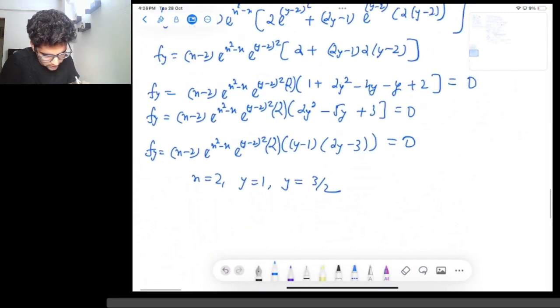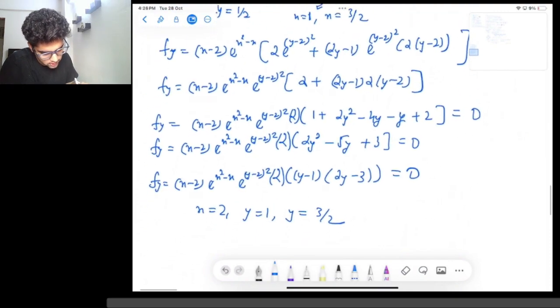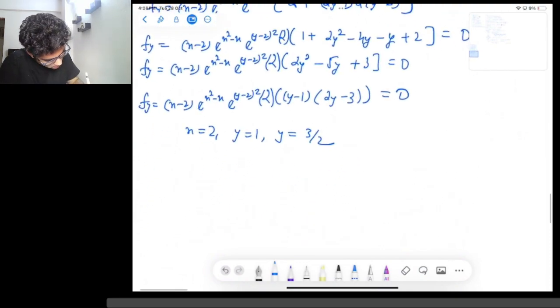Now the set of points that I can have is the set of stationary points that I can have, or let us draw the set of stationary points.